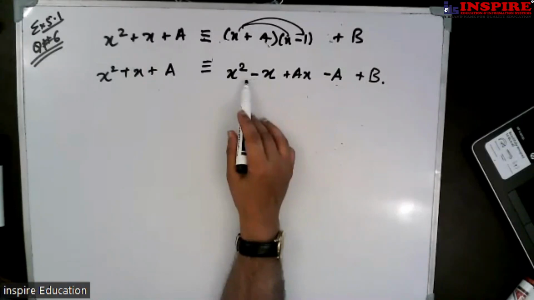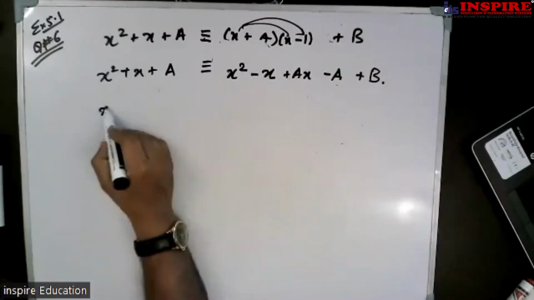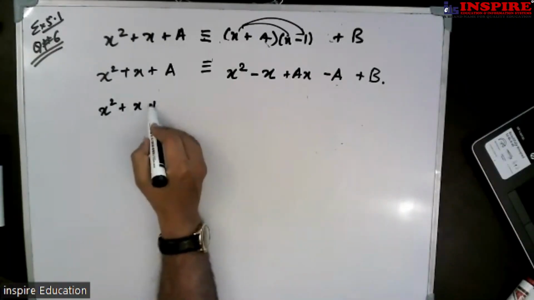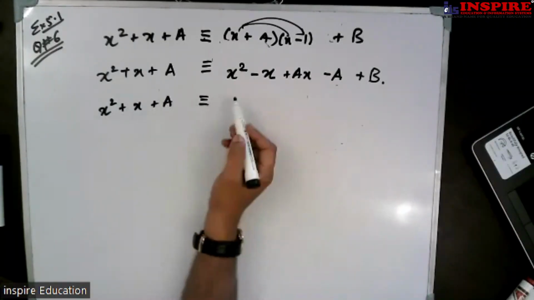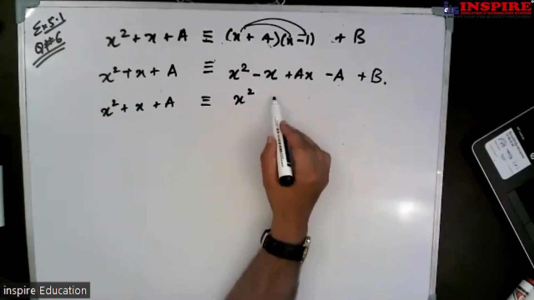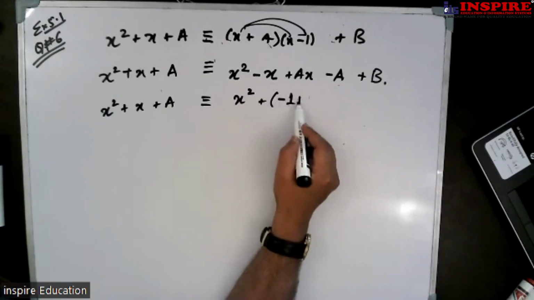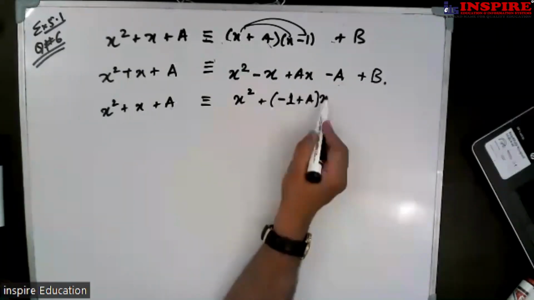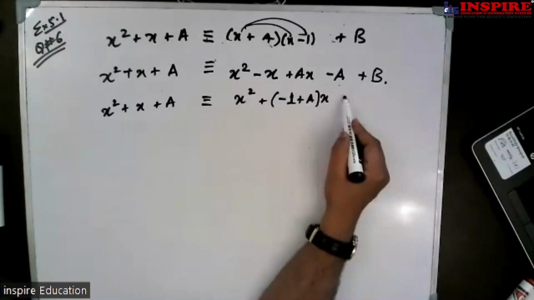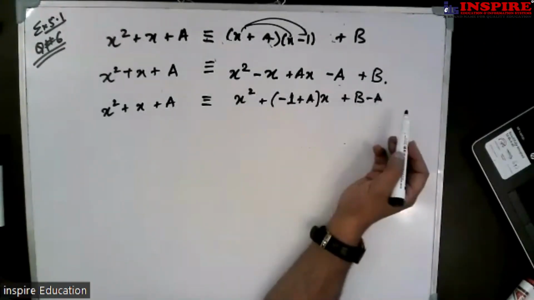Okay. Then I look at this side and I say, hang on. Left hand side is pretty smooth. The right hand side can be made smoother. By taking x common in this, it will become minus 1 plus a times of x plus b minus a.